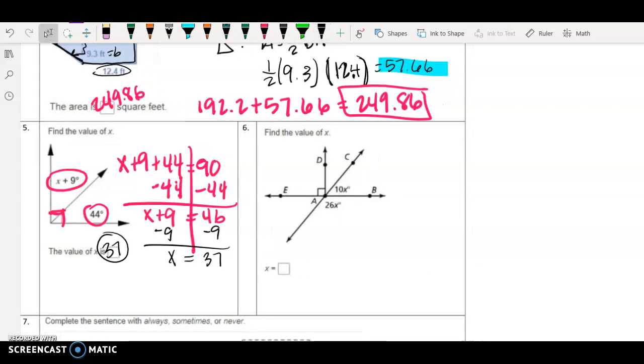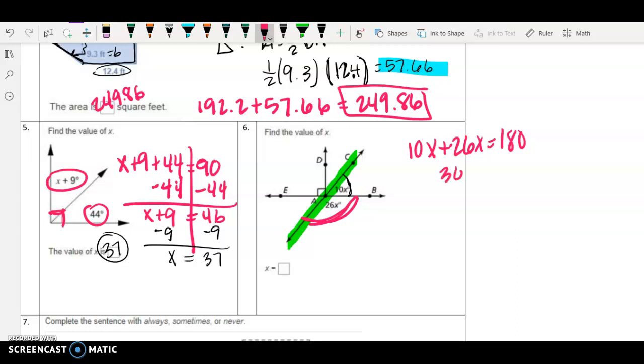All right, so find the value of x. This makes it look super complex, but it's not. Look at it this way. So line C is a straight line. And so that means that this angle here plus this angle here gives us a straight line, which equals 180. So we have 10x plus 26x equals 180. And so we can add these together because they both have x's.